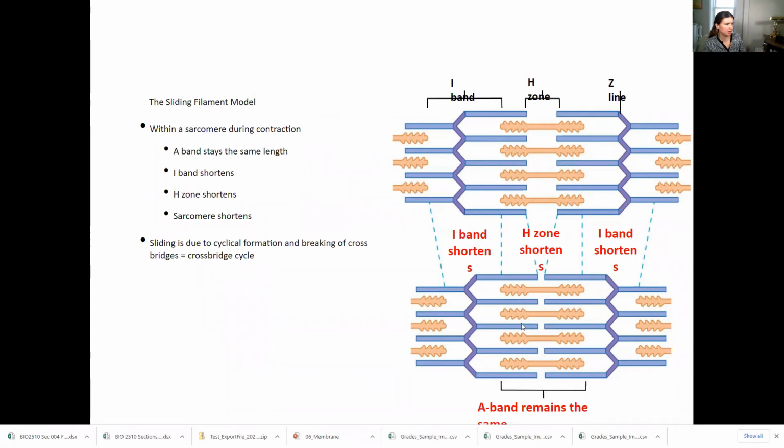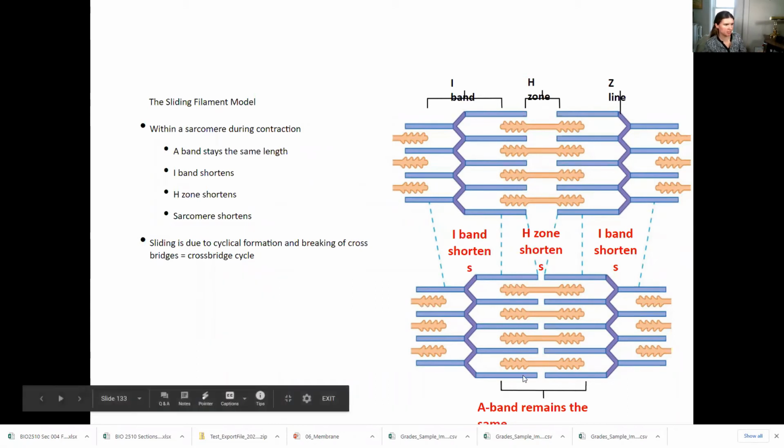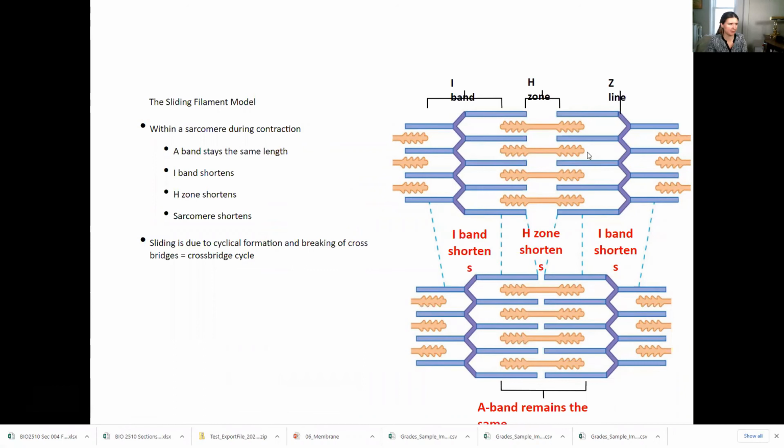So the reason the A band is the same size is that the A band is just the part where anywhere we have myosin. So the A band is never going to shrink because the myosin never shrinks. All we have happen is that the actin slides over and covers up more of the myosin.